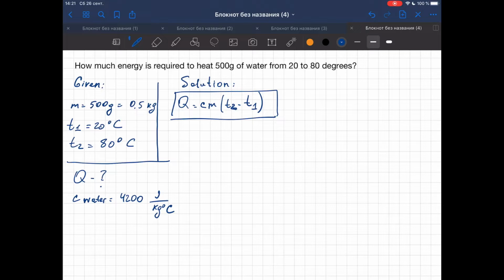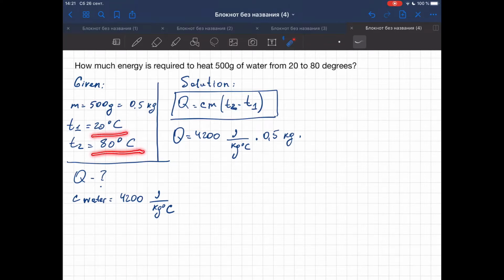So we start with the mathematical calculations. The C is equal 4200 joules per kilogram degree Celsius, multiply 0.5 kilograms and multiply T second minus T first, which is equal 80 minus 20, it will be 60 degrees Celsius. We just cancel the Celsius, the kilograms, and the answer will be in joules.